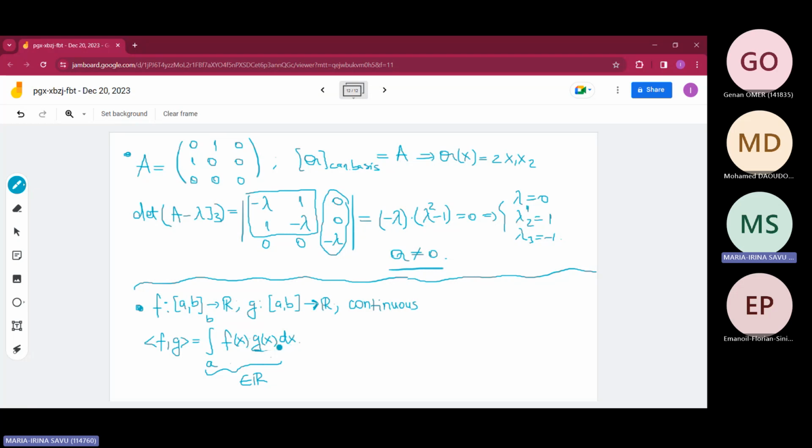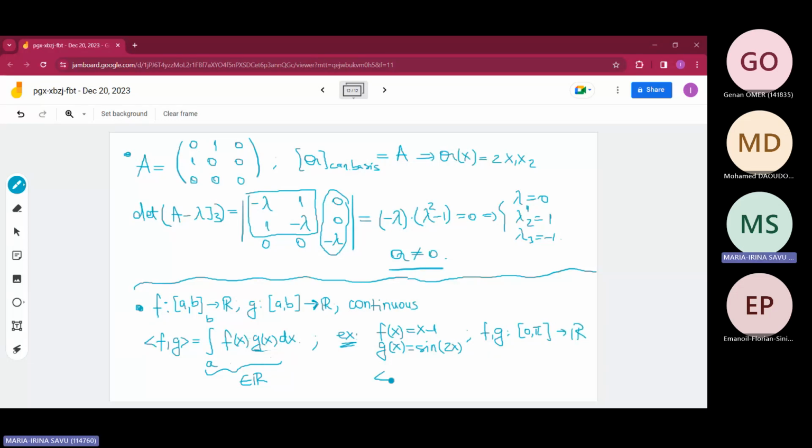And depending on the functions, you have to compute this integral. Let me give you an example. Let's say that f of x is x minus 1 and g of x is sine of 2x. And let's say that f and g are defined on 0 to pi.